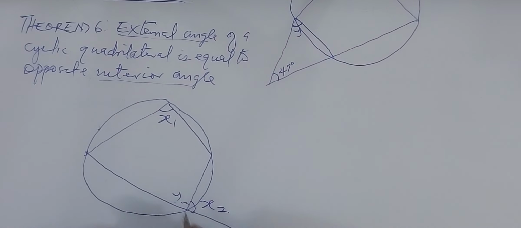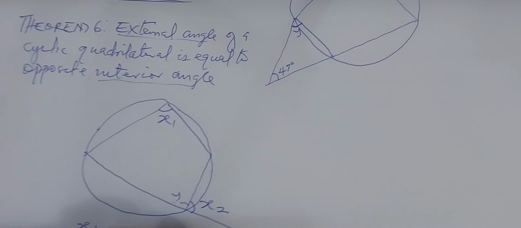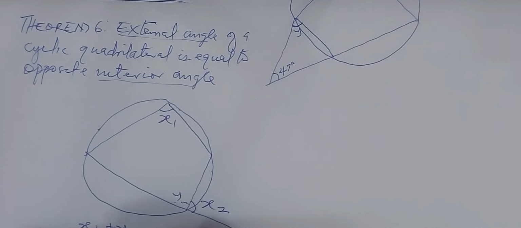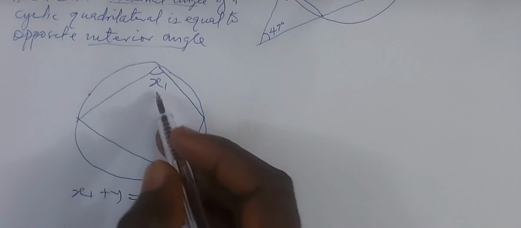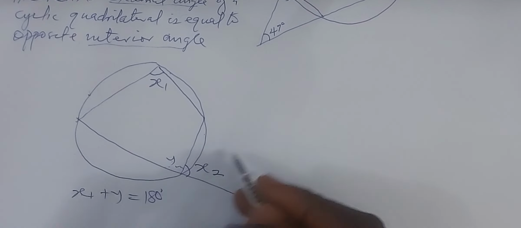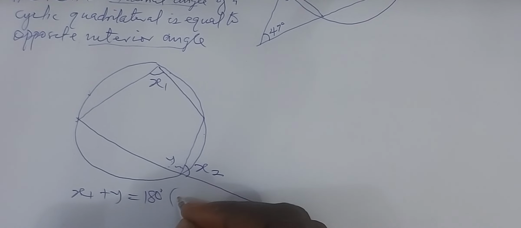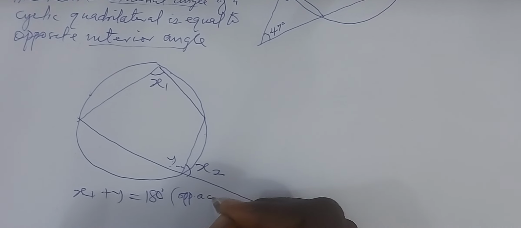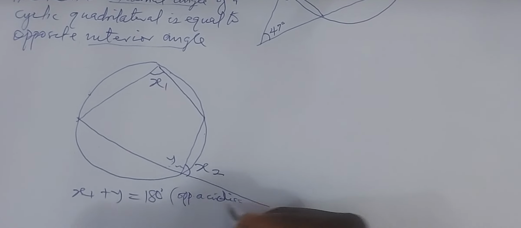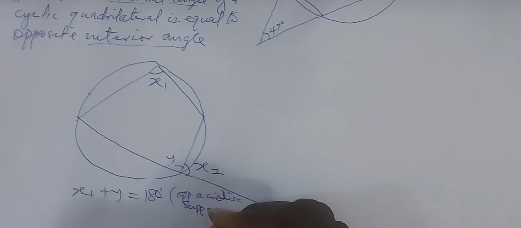From there, we can now see that x1 plus y is equal to 180. We just proved above that opposite angles of a cyclic quadrilateral are supplementary.